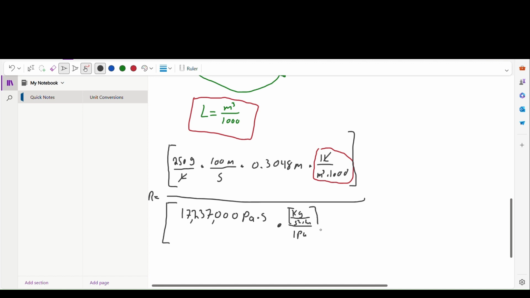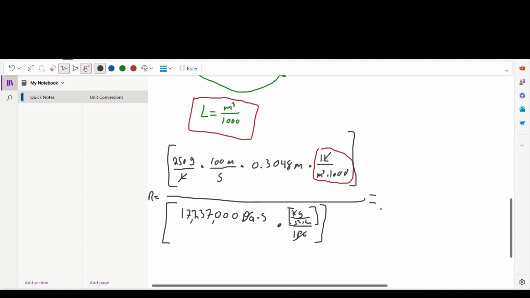This whole thing is going to be, I'm sorry that got sloppy, but your Pascal will cancel out with your Pascal. And now let's do some math and condense this. It's going to look a lot better.